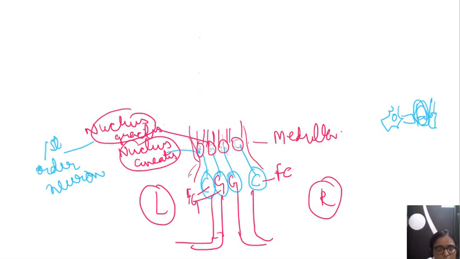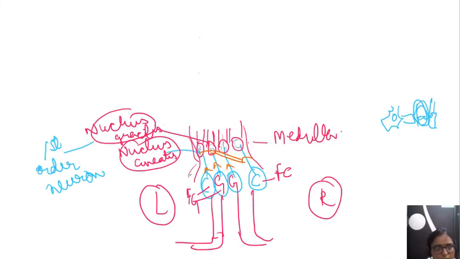Fine. Now what happens is, if we see, these are coming ipsilaterally, meaning these are uncrossed, the left side coming from the left side and the right side coming from the right side. Now what happens here at the medullary level, these tracts get crossed.